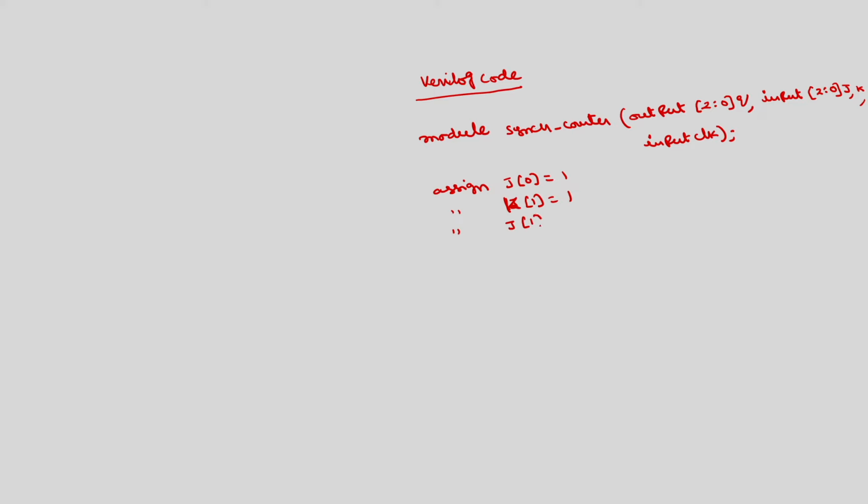J1 we have derived as Q0, K1 is also Q0. J2 we have got as Q1 and Q0, and K2 is also the same thing.